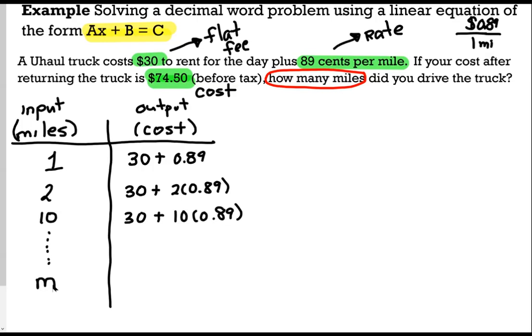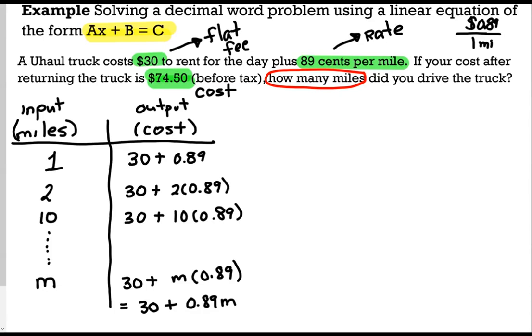So if M is the number of miles, then what is the cost? Well, 30 plus M times 0.89, which is better to write as 30 plus 0.89 M.